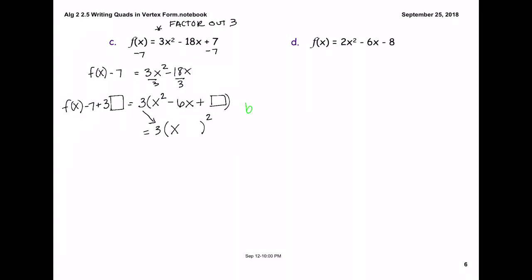B divided by 2 gives us negative 6 over 2, which is negative 3. B divided by 2 squared gives us negative 3 squared, which is 9. 3 times 9 gives us 27.